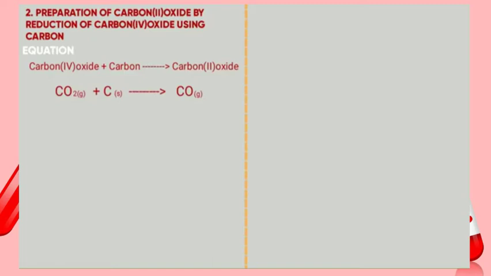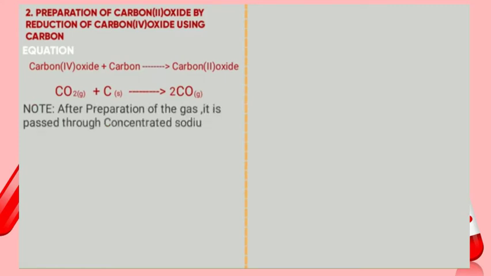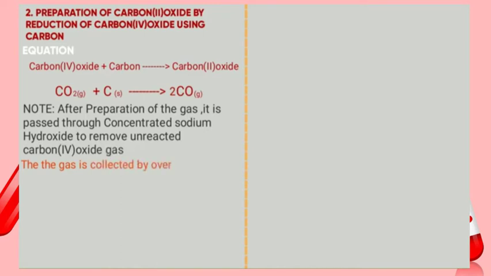To balance the equation, place 2 where there is carbon II oxide. Now, after preparation the gas is passed through concentrated sodium hydroxide or potassium hydroxide to remove unreacted carbon IV oxide. Then the gas is collected by the over water method, because we have said carbon II oxide is slightly soluble in water.